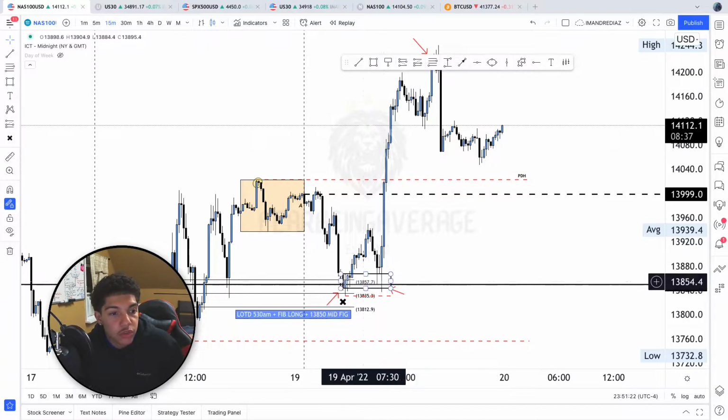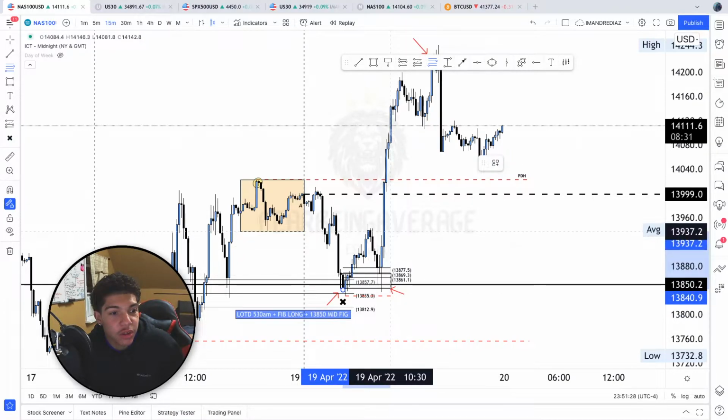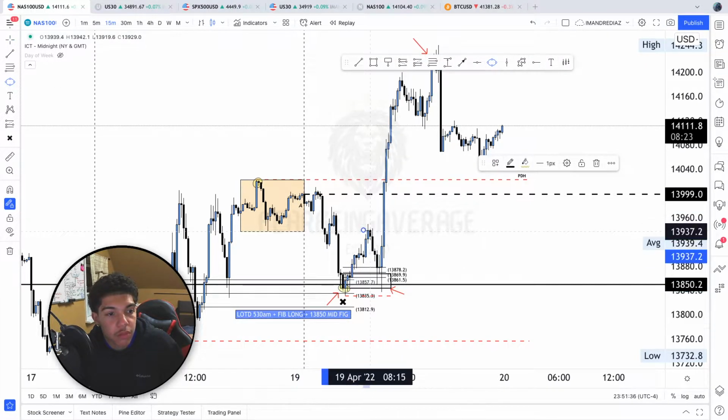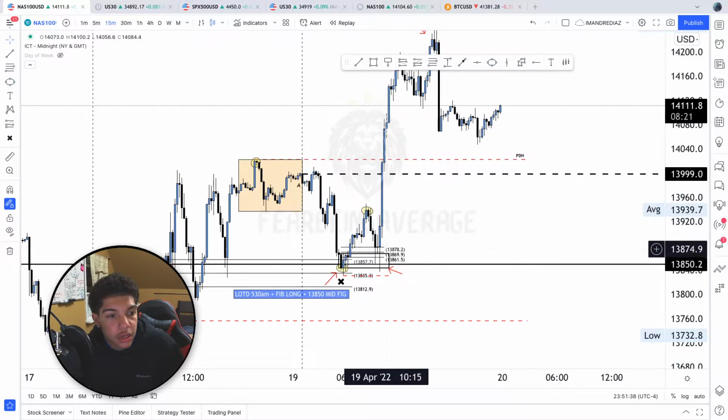Price traded into it, tapped into this order block, and I'm not going to draw a fib because I already know that it held. Matter of fact, I will draw it. The main reason I didn't want to draw it is because the wick did come pretty significantly far in, but if you look at the way the bodies closed, you can see the bodies did hold this area. So we're going to annotate this also.